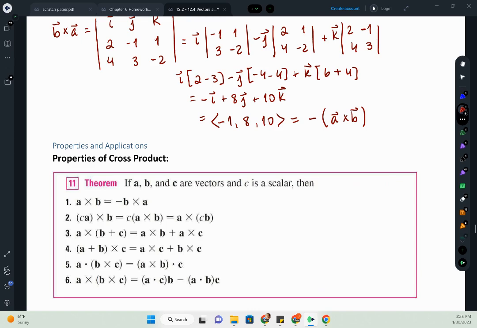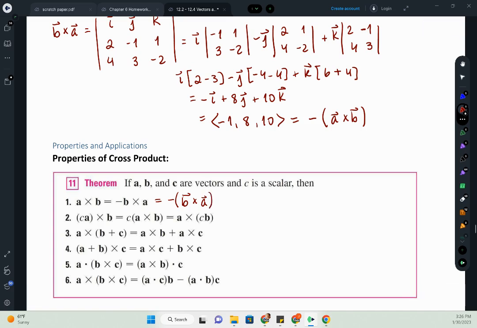But it does not go to both of them. And so in particular, in number 1, A cross B is equal to -B cross A, or an alternative way to write that is a negative, parentheses, B cross A.